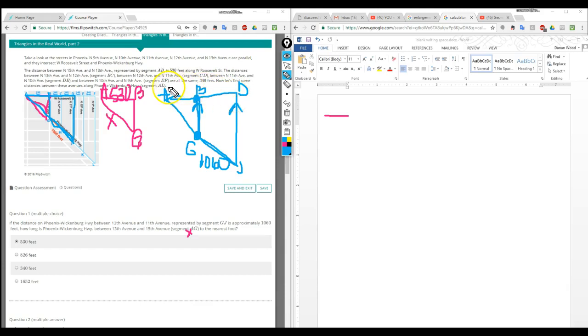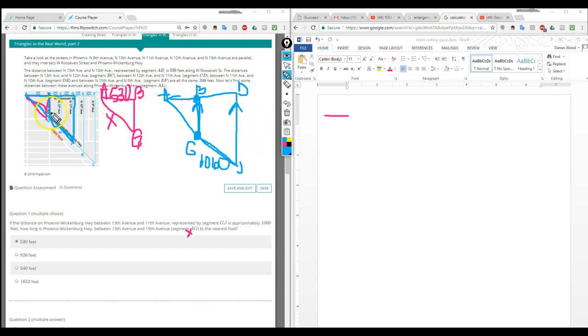So that means that it split AB compared to BG proportionally, and AG compared to DJ proportionally.